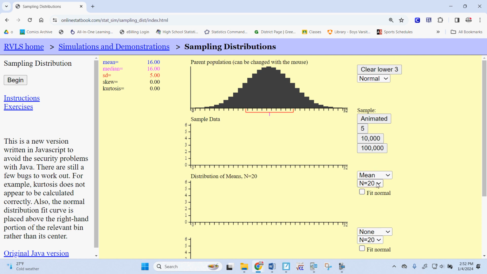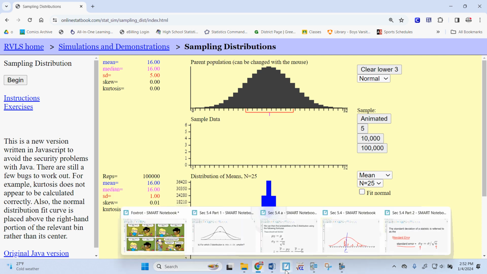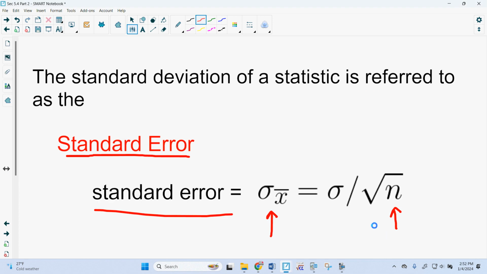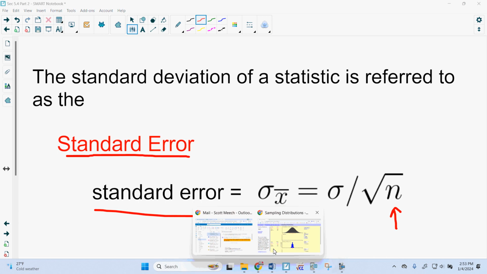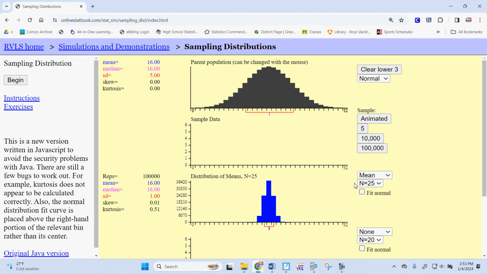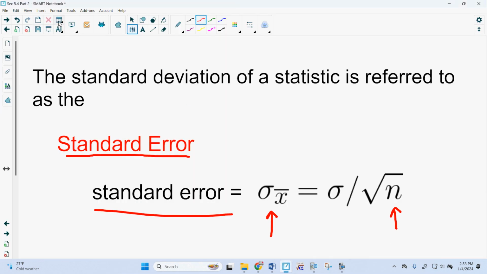If I make my sample 25, 5 divided by the square root of 25, I should get a standard deviation of 1. So the standard error lets you determine that by determining what your n is. Now, as we do this, you can see as n gets bigger, our standard deviation gets smaller because you're dividing by the square root of n.